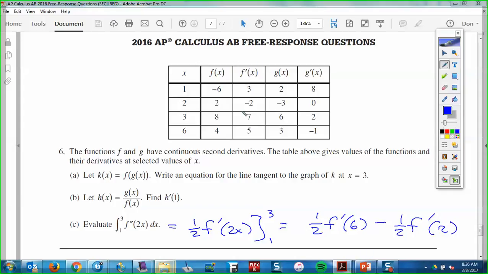And then you just read them right off there. So f prime of 6 is 5, so that'd be 5/2. And then f prime of 2 would be -2 times -1/2, which is +1. So 7/2. Again, that same kind of thing we've been talking about with the fundamental theorem part 2 and using a table of values.